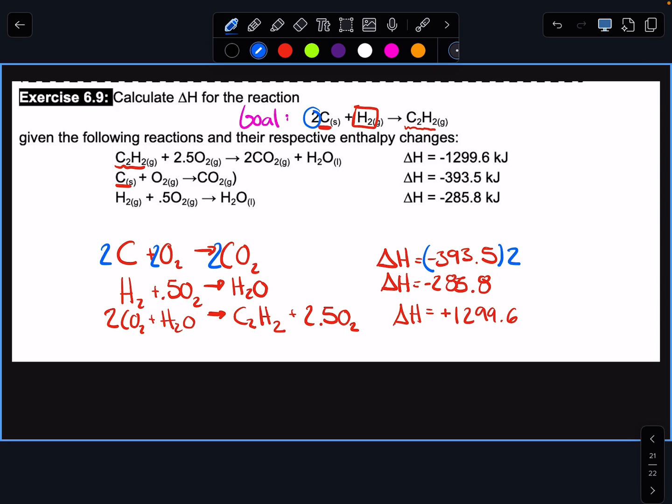The other 2 are good because I only need 1 H2 and 1 C2H2, so now I'm going to check and see if I did it right by adding up my reactions.